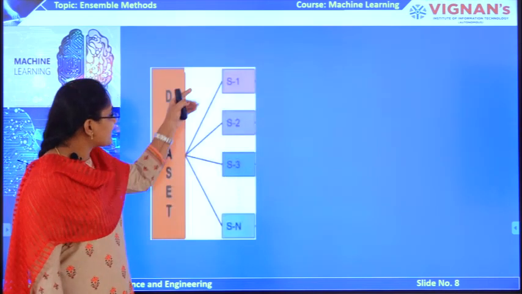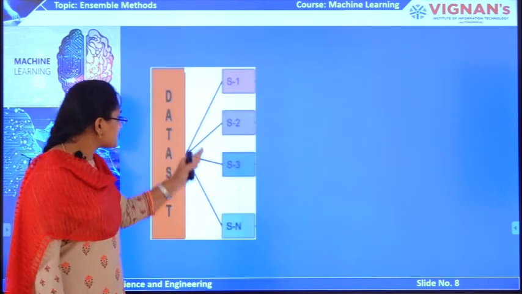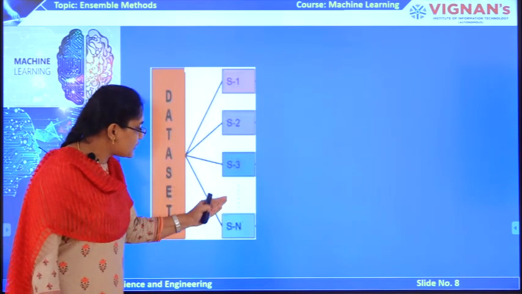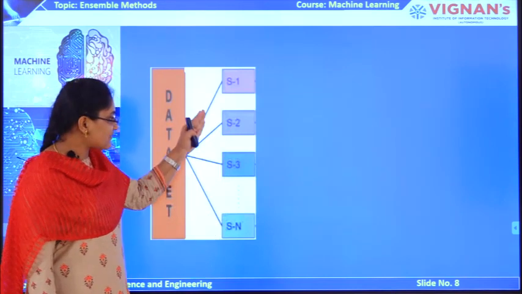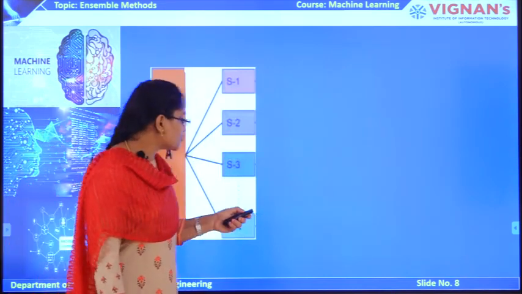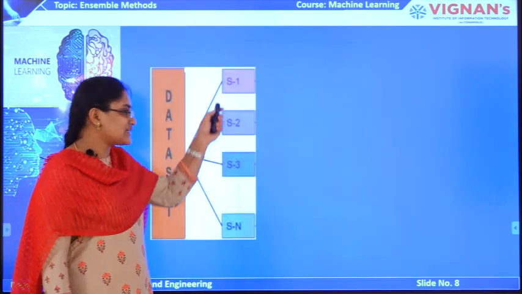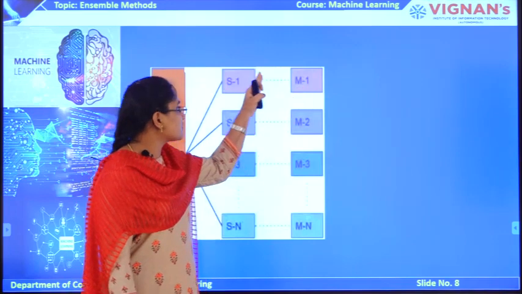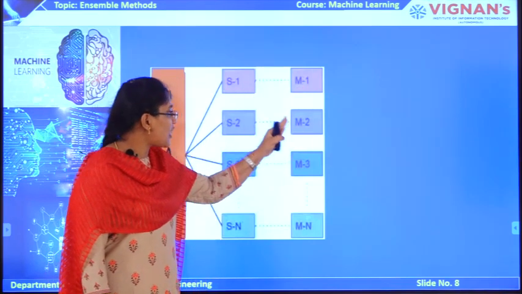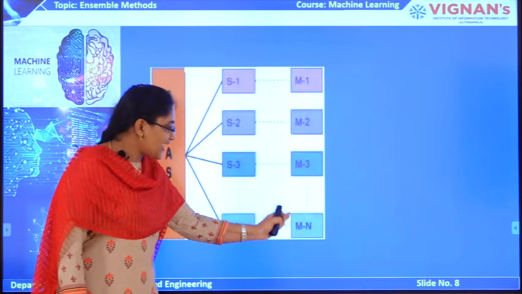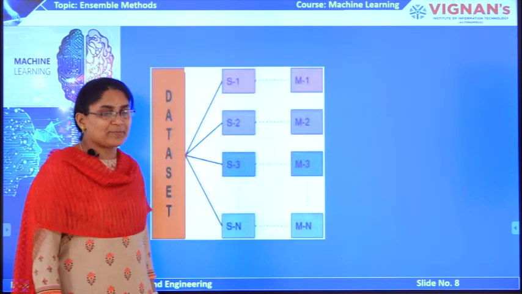So here I am dividing the data set into n samples: sample 1, sample 2, and up to sample n. After dividing the data set into different subsets, I have to build different models on these different samples. Here I am building model 1 on sample 1, model 2 on sample 2, model 3 on sample 3, and up to model n built on sample n.